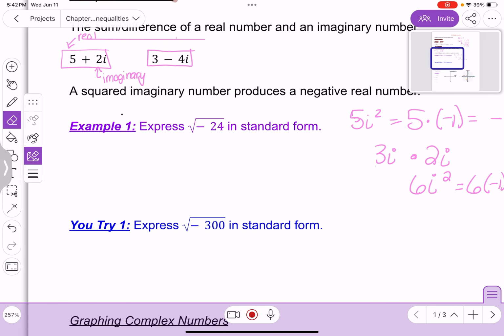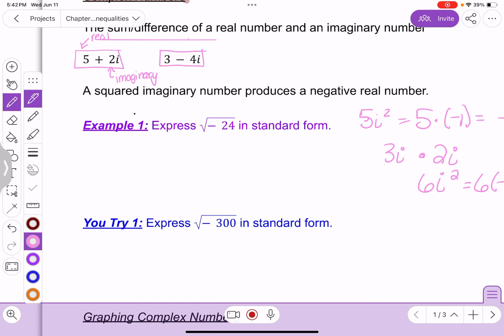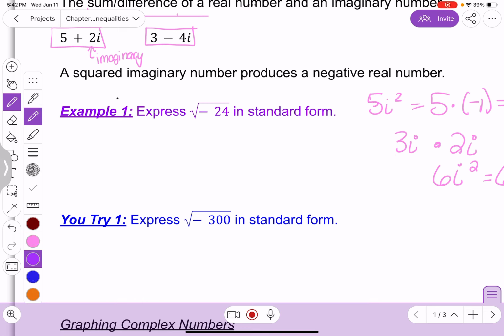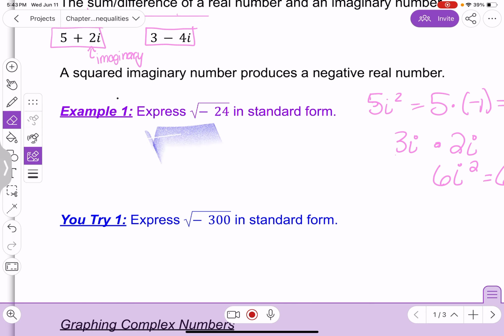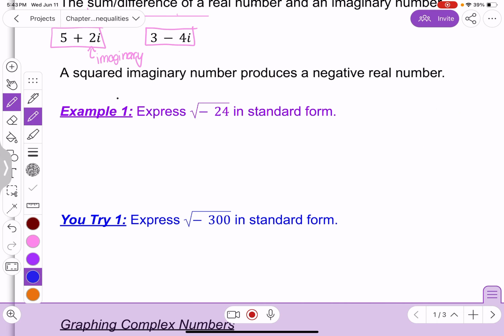Right now, we're just working on reducing some radicals. So when you're reducing radicals, you're trying to come up with a perfect square that goes into it. So -24 is divisible by 4.